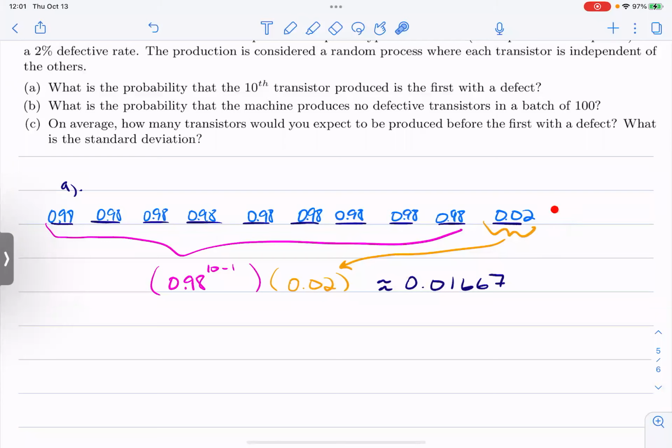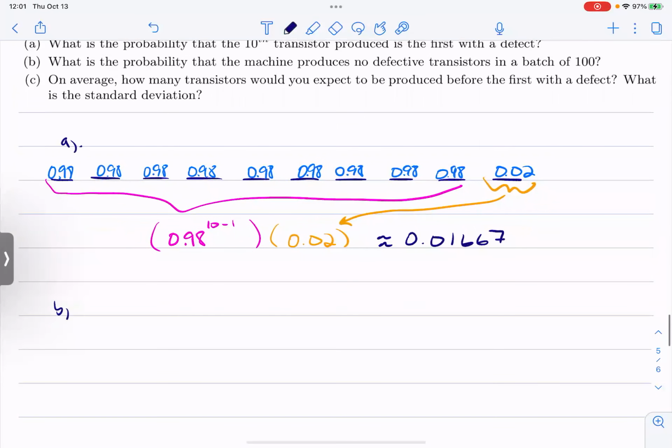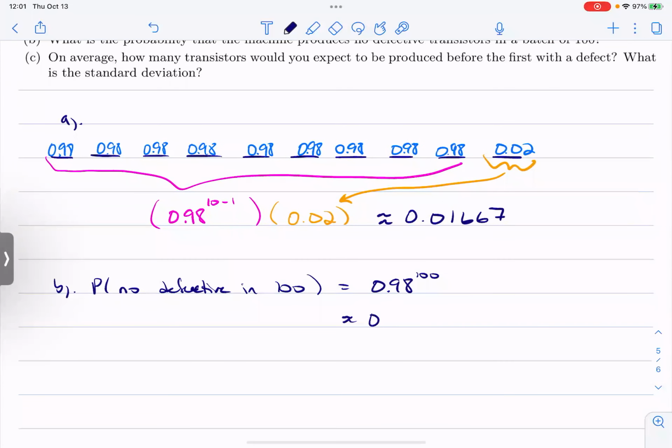What's that probability? That's going to be 0.98 to the power of 100. So the probability of no defective in 100 is 0.98 to the power of 100, which is roughly 0.1326.